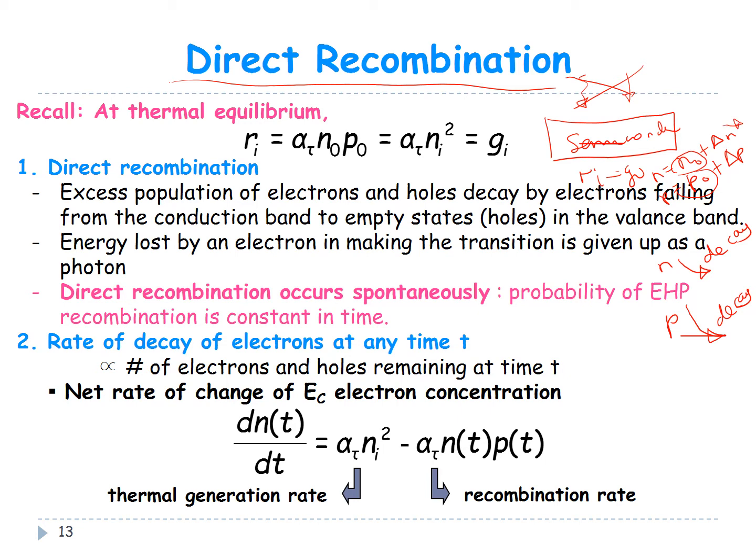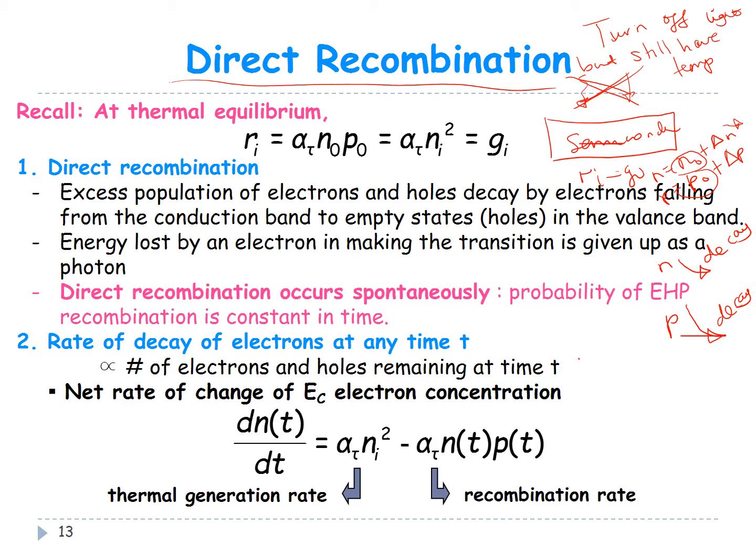Remember that when you turn off the light, you still have temperature. So when you turn off the light, you have thermal generation without optical generation. So let me just clarify here.